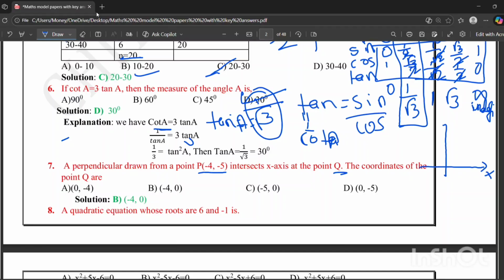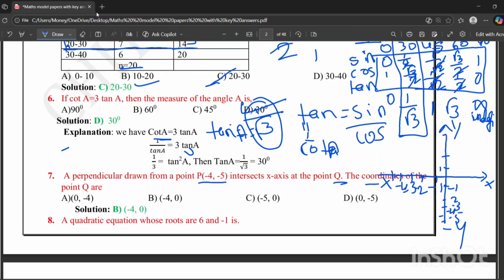Okay. So here is the x-axis and y-axis. And this is the minus x-axis and this is the minus y-axis. They are telling minus 4, 5. Where is the point? Let us think. This is 1, minus 1, minus 2, minus 3, minus 4 and minus 5. And on the x-axis minus 1, minus 2, minus 3, minus 4 and here is minus 5.